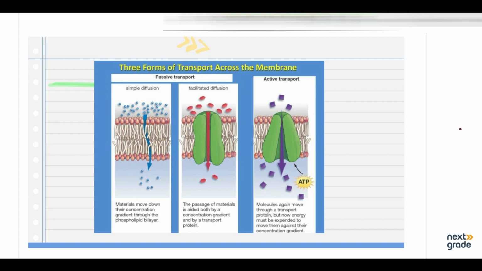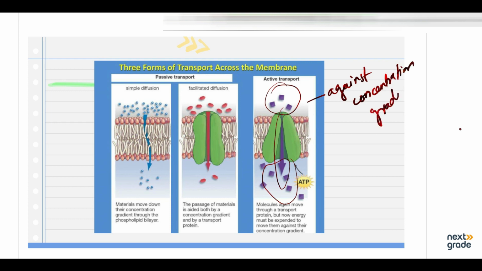The other one is where they are taken against the concentration gradient, that they move from an area of lower concentration towards an area of higher concentration, also known as active transport. They move against the concentration gradient.